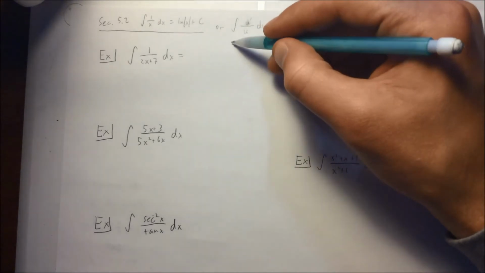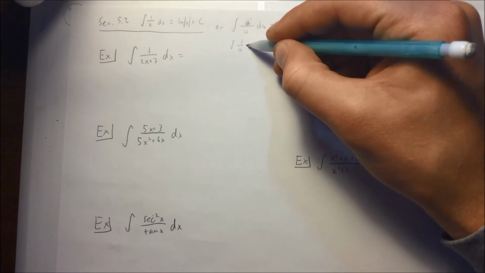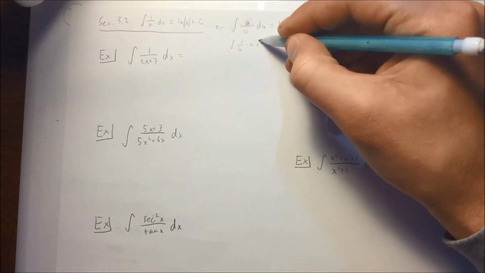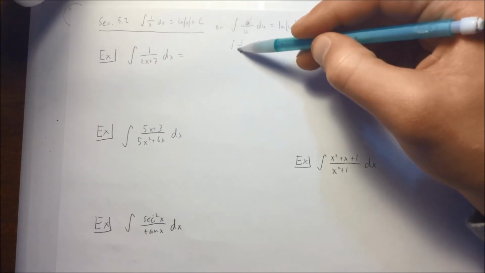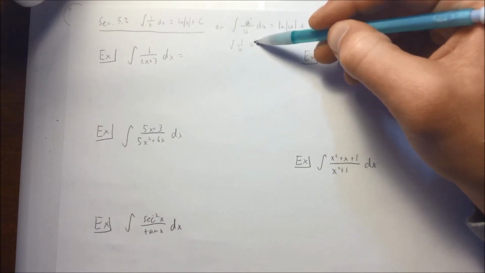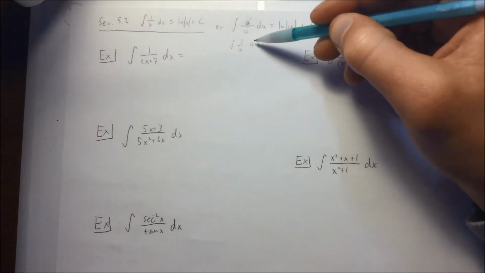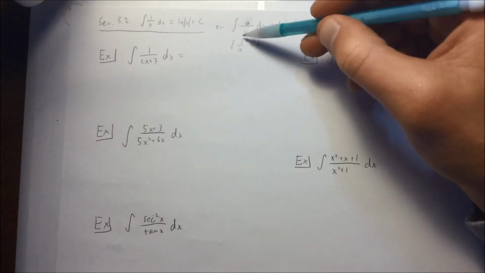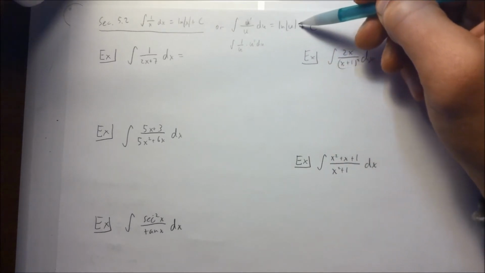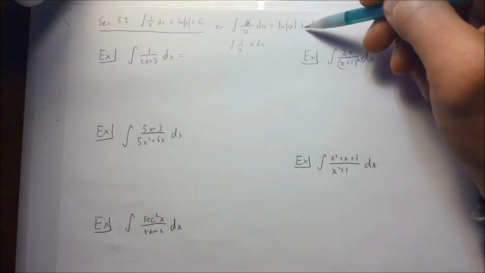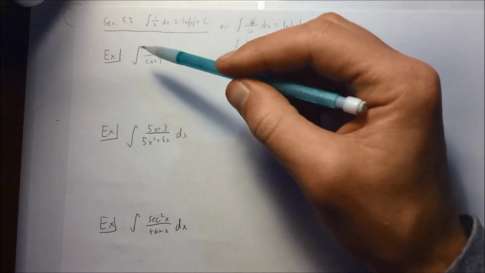That's because we can rewrite this as 1 over u times u prime times du, which is really just saying the derivative of whatever's on the bottom, multiplied by du, that's just the chain rule going on. So to undo it, we'd have to make u whatever's on the bottom right there. And that would equal the natural log of u, absolute value of it, because we can't have negative numbers, plus c. So let's see about the first one here.